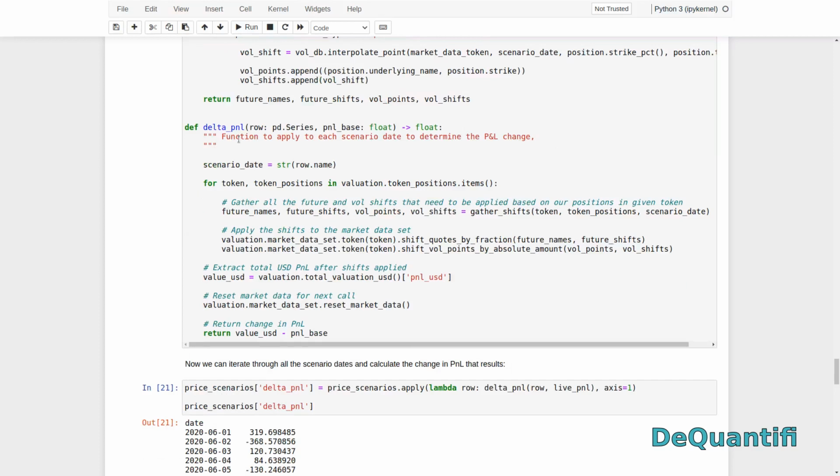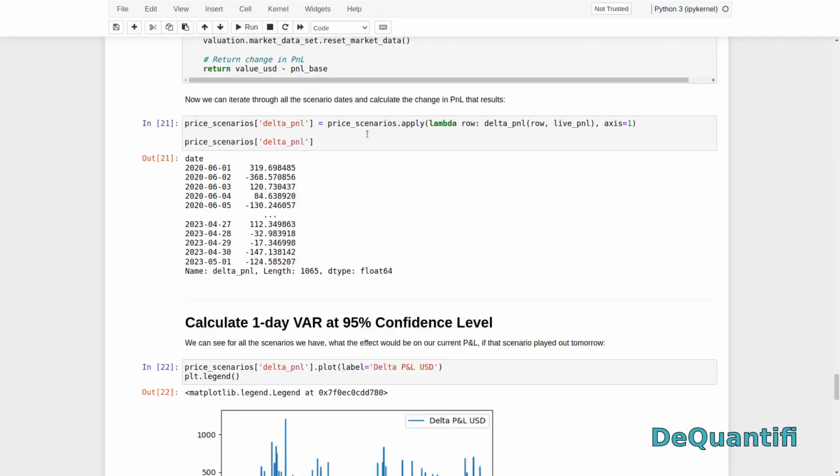The delta P&L function will iterate through the different market data tokens that we have and gather and apply the market data shifts for each scenario date. It then returns the actual change in P&L because of that scenario. We take advantage of pandas to apply our delta P&L function to all the scenarios that we have.